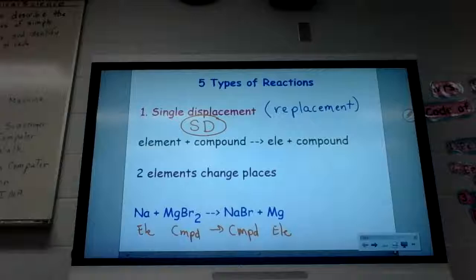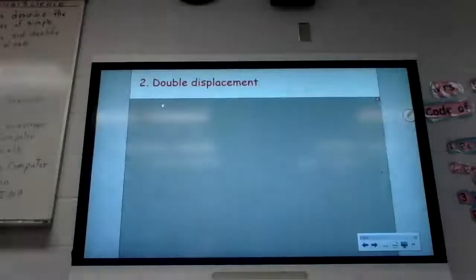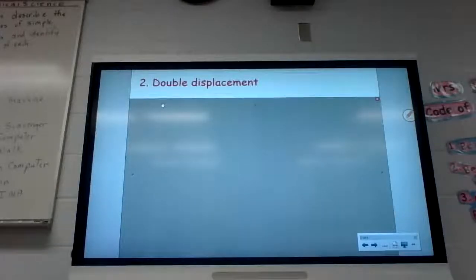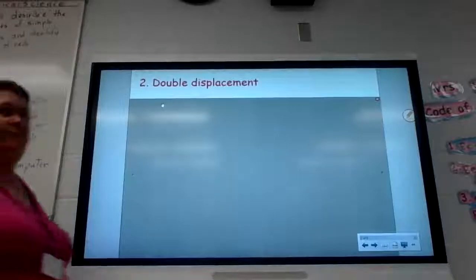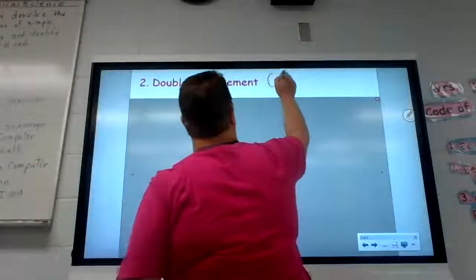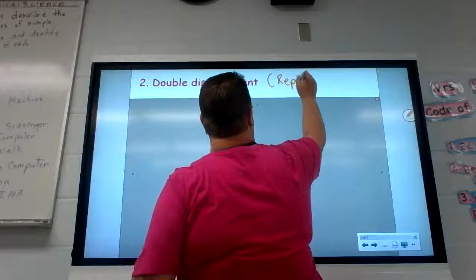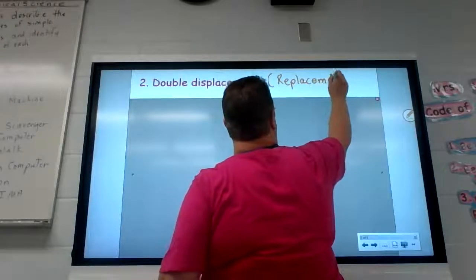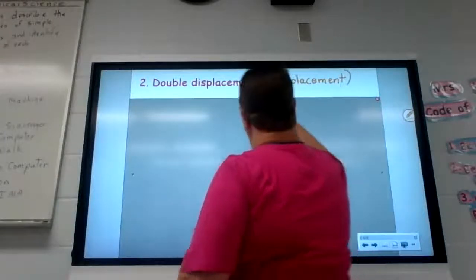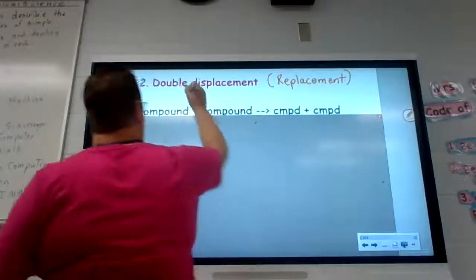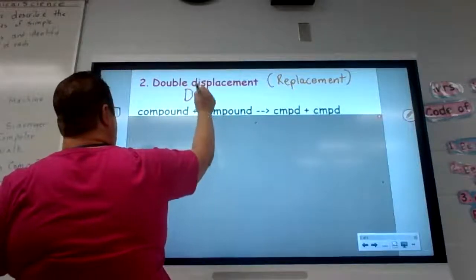Okay, I'm moving now. Okay, so the second type is called double displacement. Or again, we can call it replacement. Double displacement or replacement. You can abbreviate it DD.